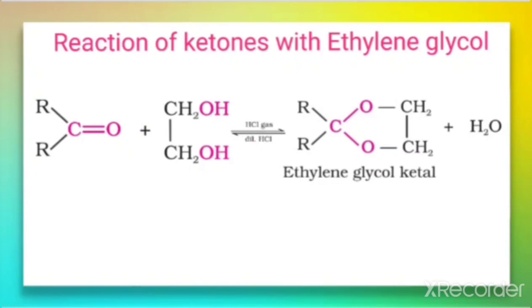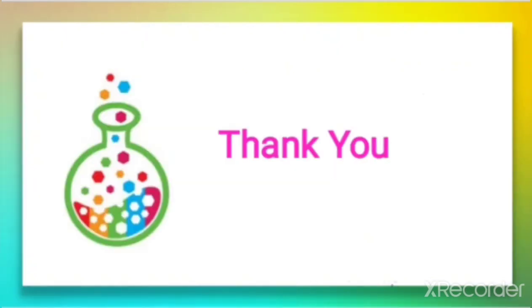The 2 oxygens of ethylene glycol get attached to this carbon. That's why it forms ethylene glycol ketal, a cyclic compound, which is commonly called ketals.